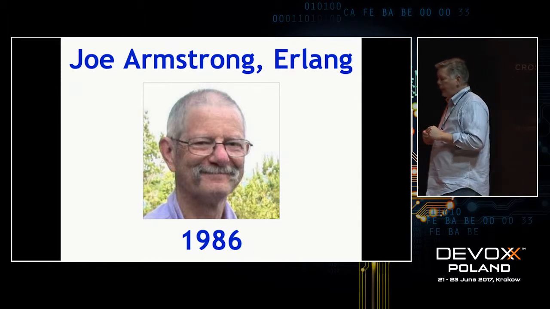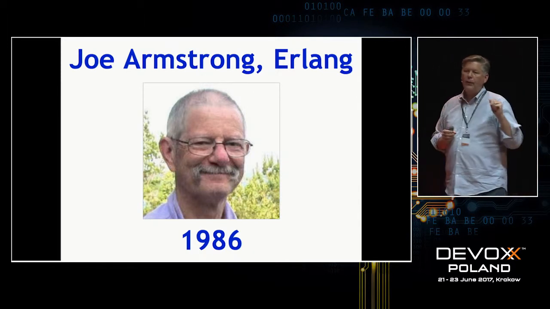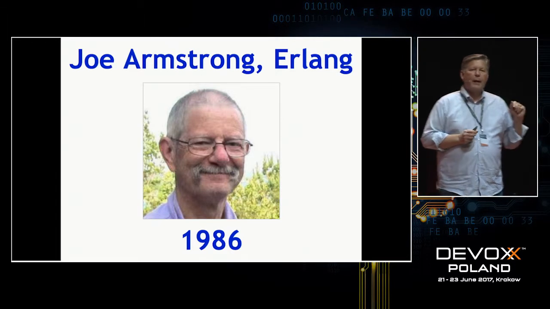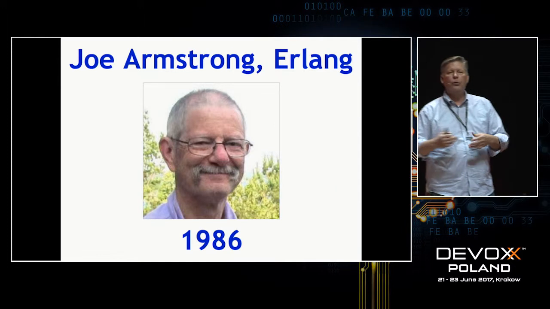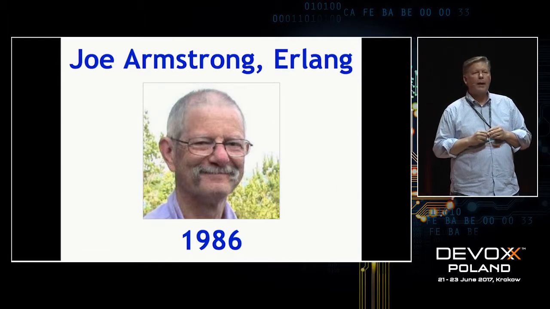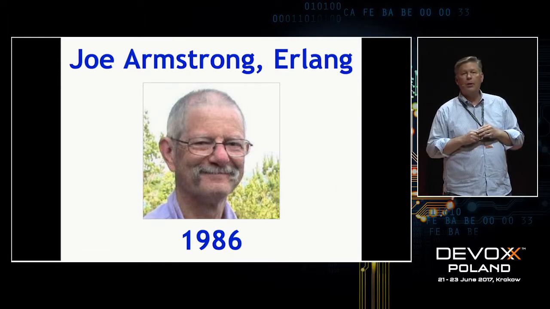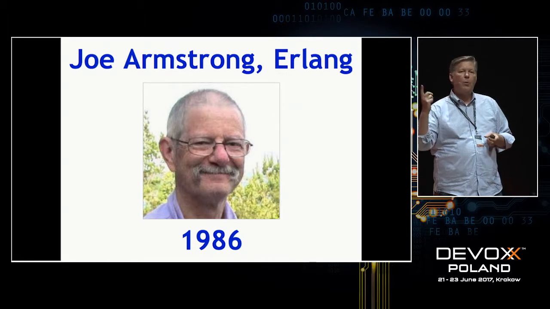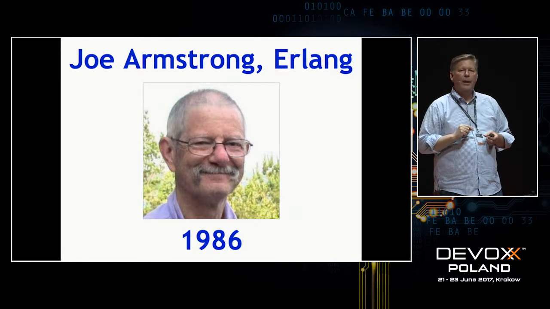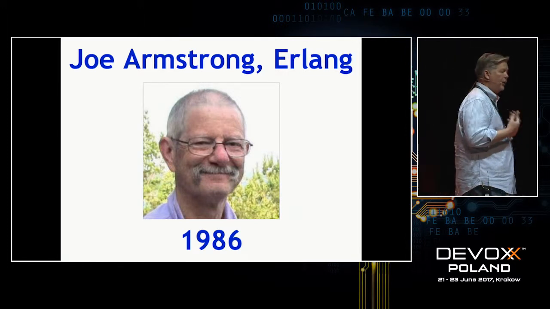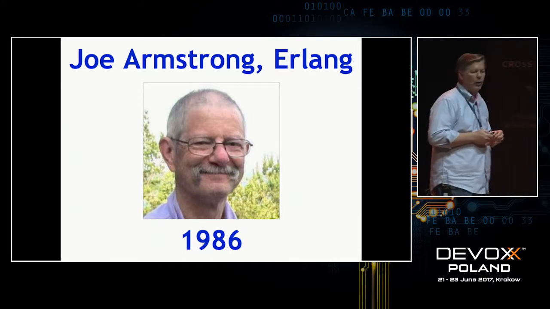Now, have you heard the statement before that it seems like with all technologies, all sort of revolutionary breakthroughs or innovations in technology and programming approaches, there's always someone who discovers it in academia and then it's discovered again in industry? And this is actually, at least as I understand it, what happened with Erlang.